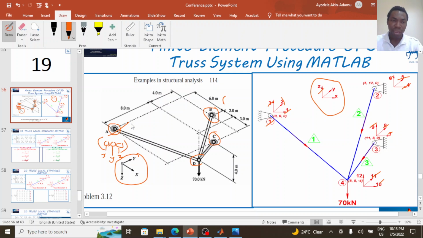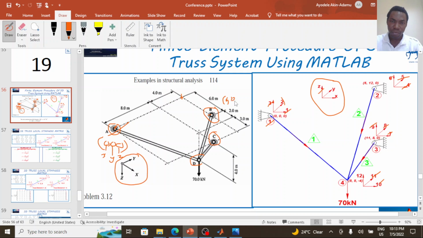Coordinate B, the x component is 6. We see from this point to this point is 6 meters. So the x is 6. The y for node B is the distance from this point to this point, which is 8 plus 4, 12.